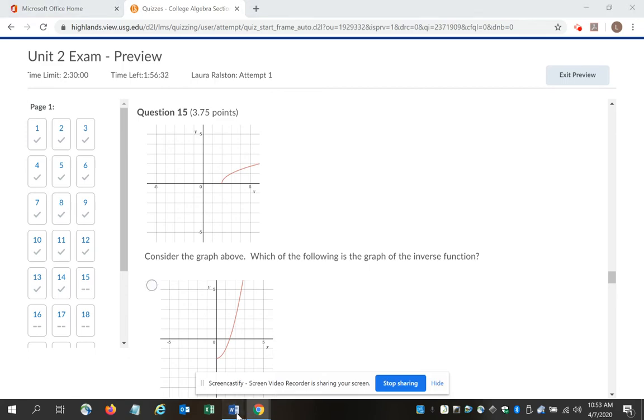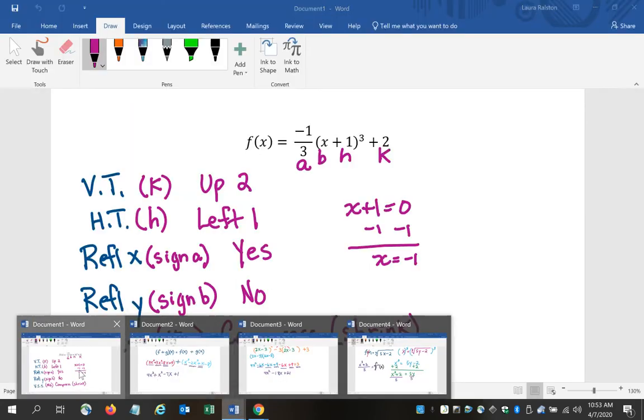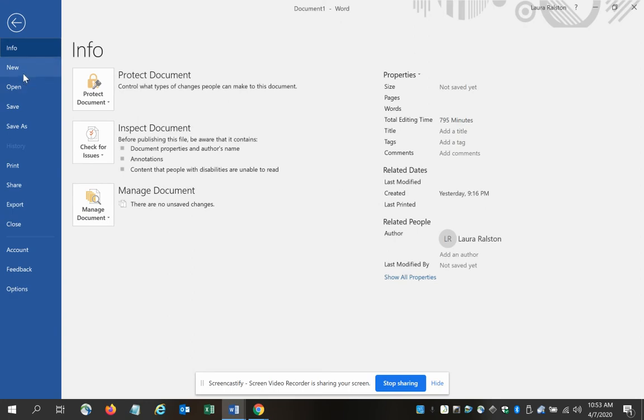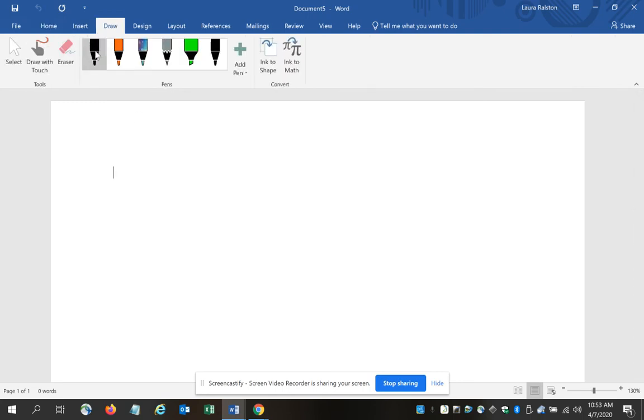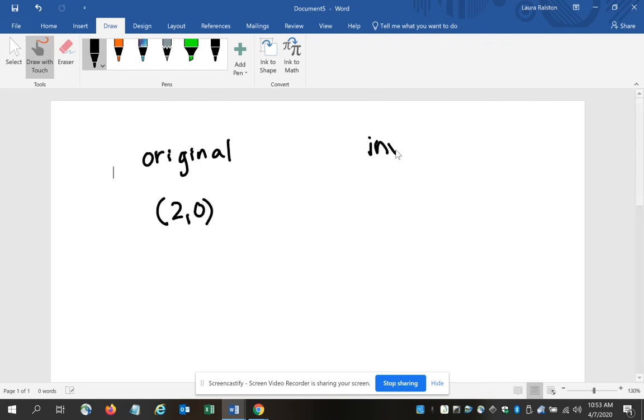Remember on the graph, if on the original graph we have that ordered pair 2, 0, that means on the inverse, we're going to have the point 0, 2.